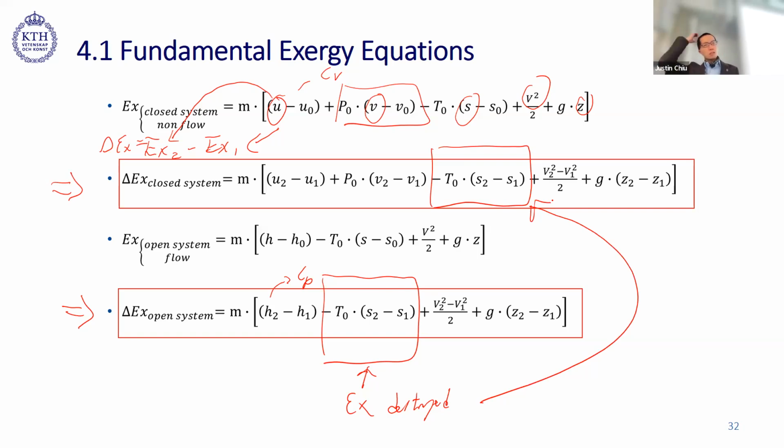Very often in some exercises we see, how much exergy did we destroy if we use electricity to heat up water, and we can calculate it this way. Yeah, let's continue.